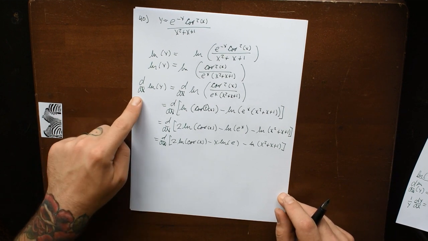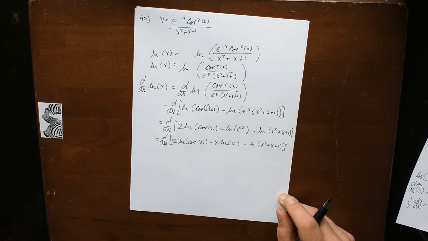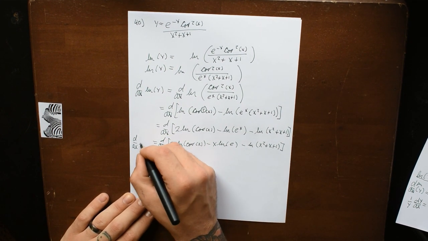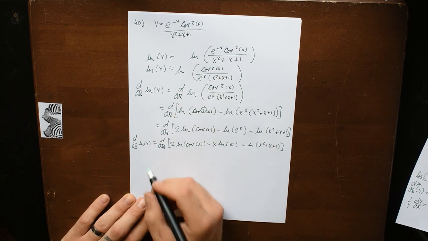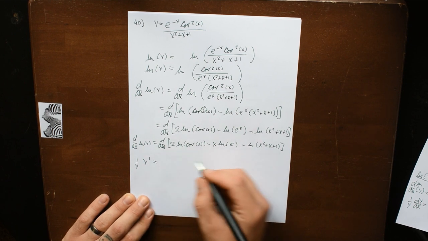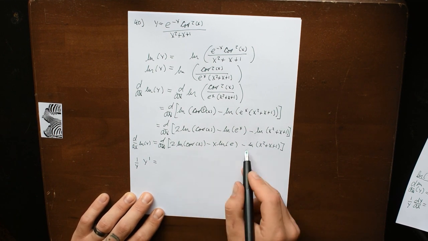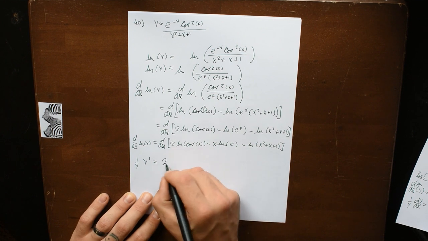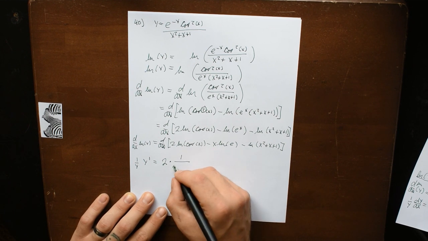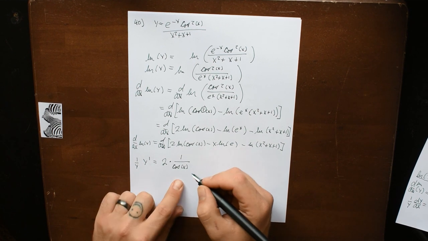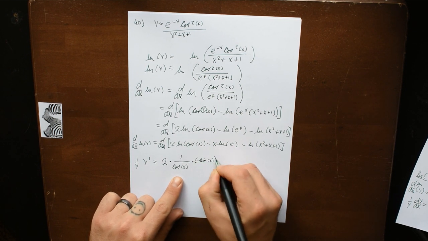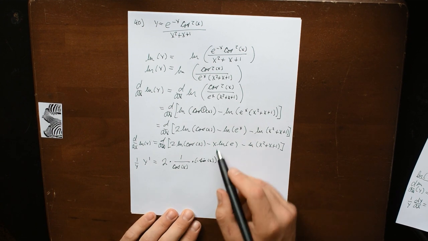Perfect. So if that derivative is equal to that derivative, then by implicit differentiation, d/dx of the natural log of y says 1 over y times the derivative of y has to be equal to, derivatives distribute over subtraction, 2 times 1 over the cosine of x times the derivative of cosine, which is negative sine of x, minus x ln of e.